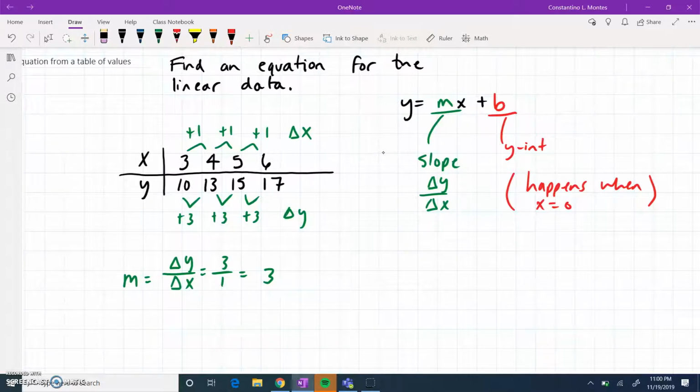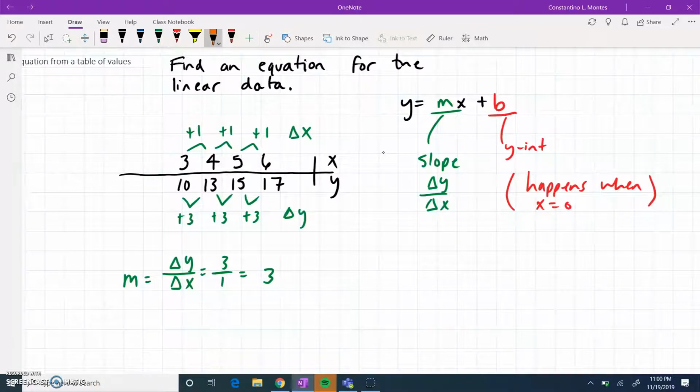So what I'm going to do here, I'm going to erase this right here, and I'm going to label this. I know these are my x's and these are my y's, and I'm going to work my way backwards. So if I go backwards 1, this would be 2. And you know what? Let's change that to a different color.